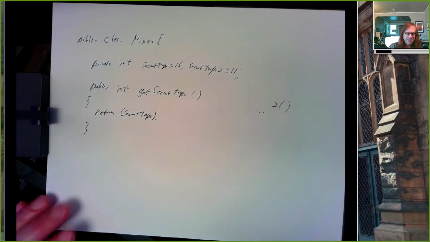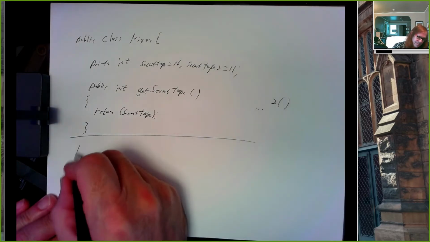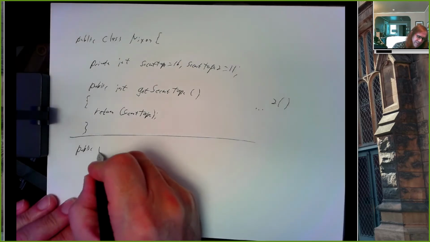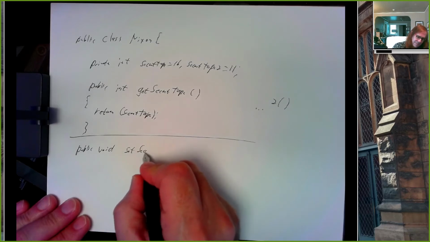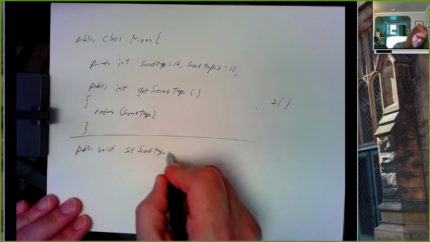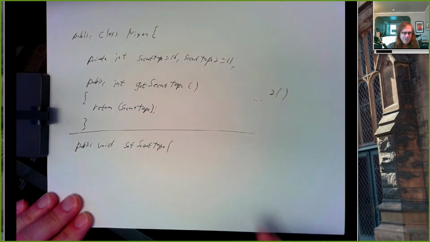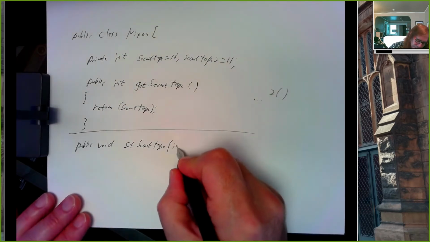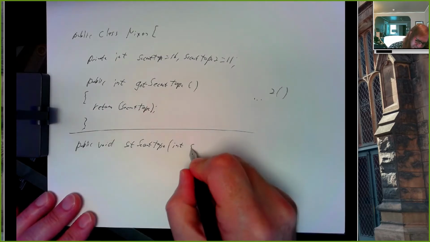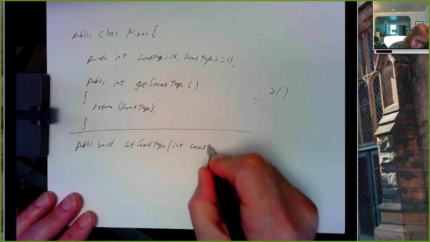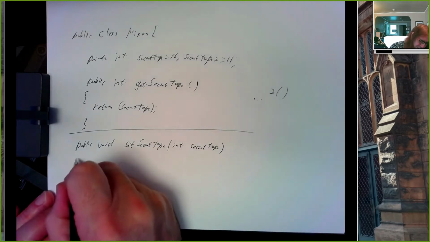So those are your accessors, and then your mutators don't have to return anything, and they're called set secret tape. And you can call this whatever you want, but again, the standard way that you would write this would be to call it the same thing as the variable you're trying to mutate.